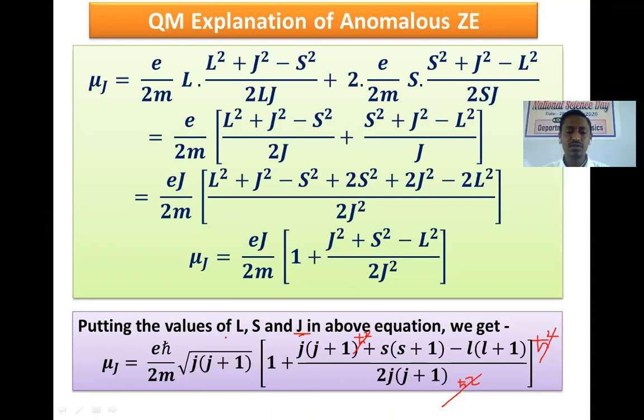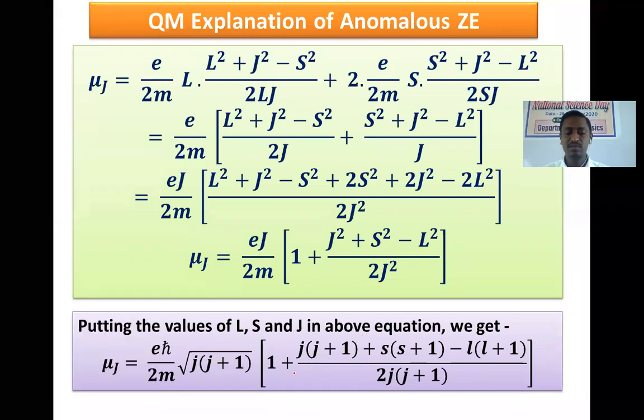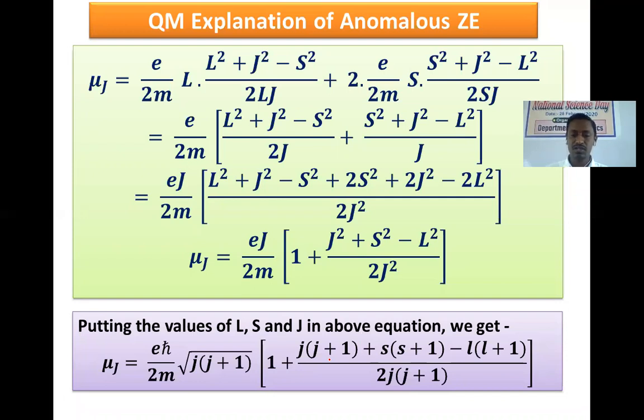μ_j equals eħ/2m under root of j(j+1) into [1 + (j(j+1) + s(s+1) − l(l+1)) / 2j(j+1)].